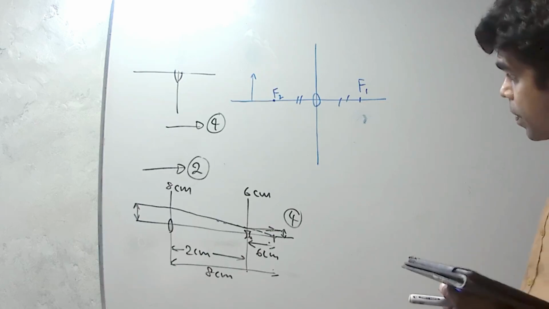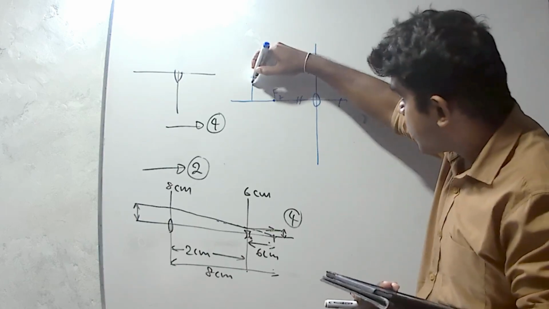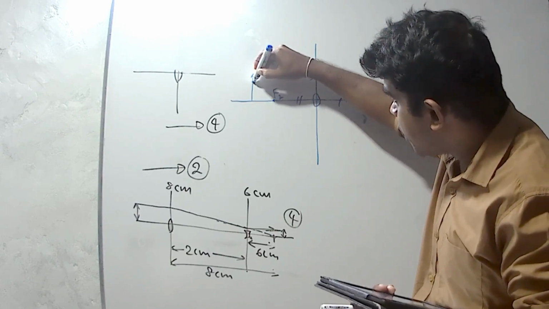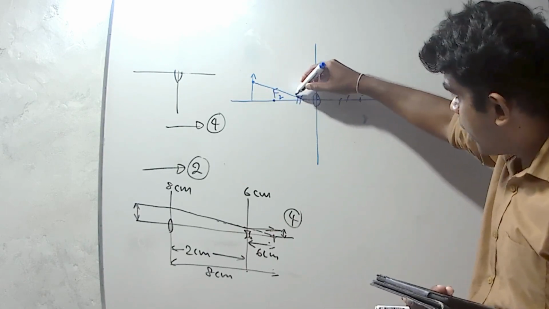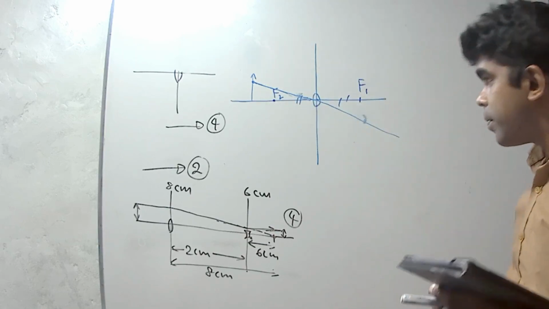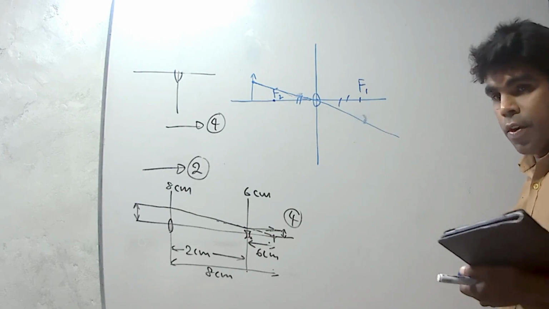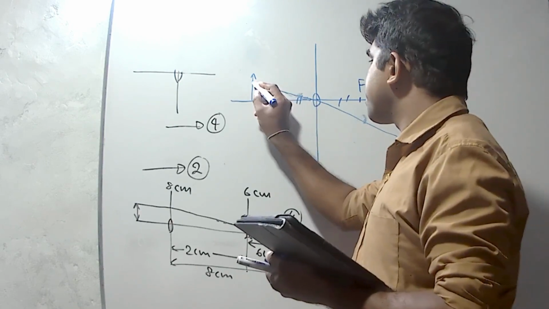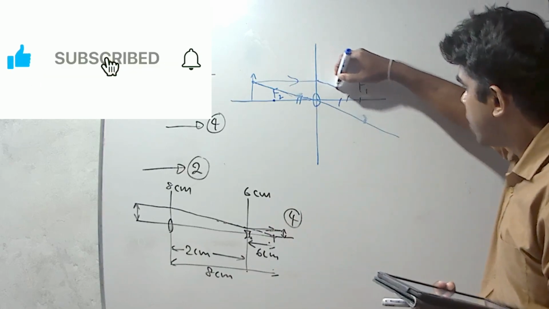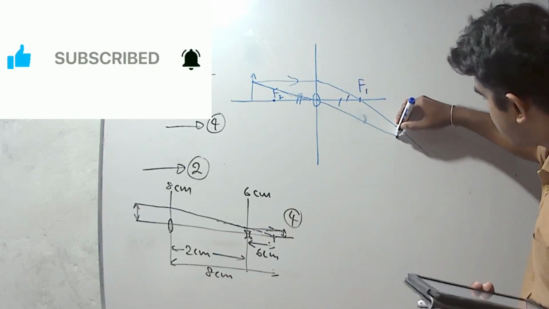Now I will consider the ray passing the pole from this incident point. It should move without any deflection like this. And the ray parallel to the main axis should pass through the focal point like this.